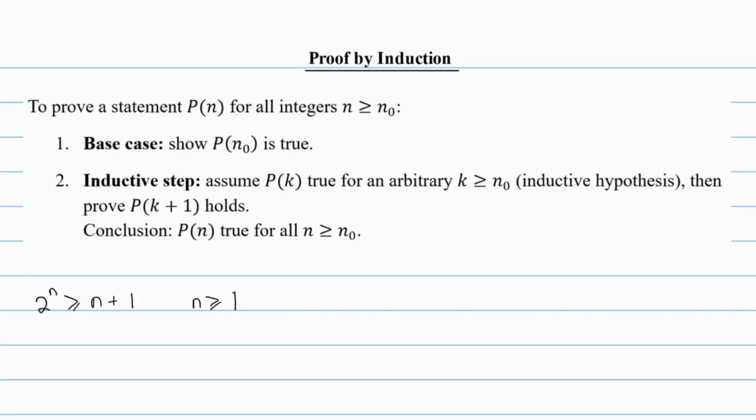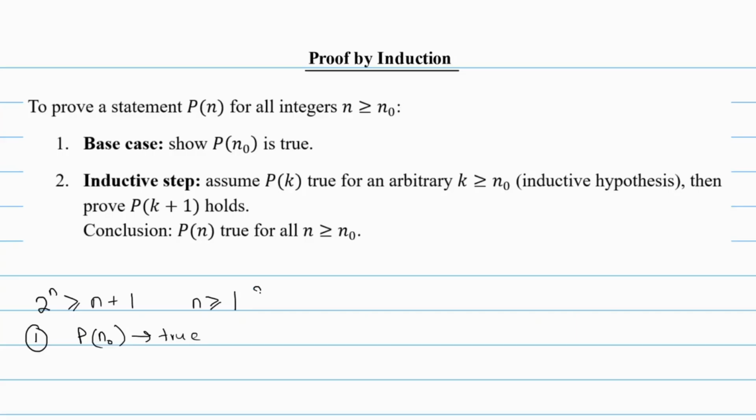To use proof by induction, the first thing we have to do is the first step, which we call the base case. We have to prove the base case. So basically, the base case is to prove that P(n0) is true.